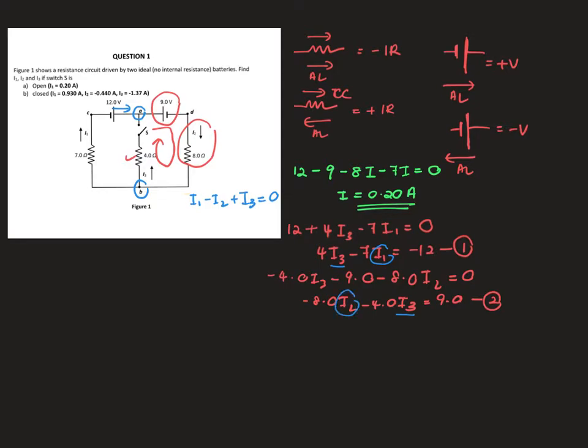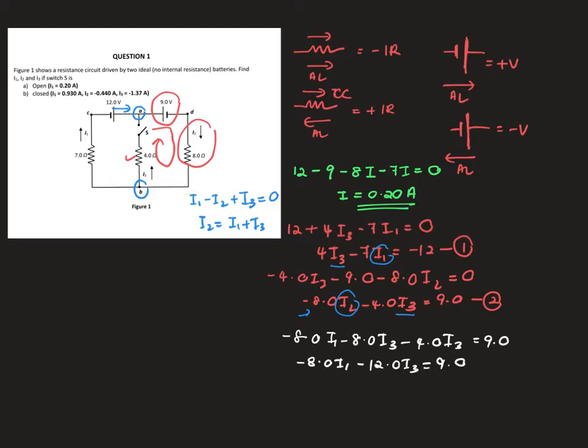For example, if I want to change I2, I'm going to have I2 as my subject, which is I2 equals to I1 plus I3. I'm going to insert that into this formula. So my formula is negative 8.0 I1 minus 8.0 I3 minus 4.0 I3 equals to 9.0. So here I'm going to get negative 8.0 I1 minus 12.0 I3 equals to 9.0.